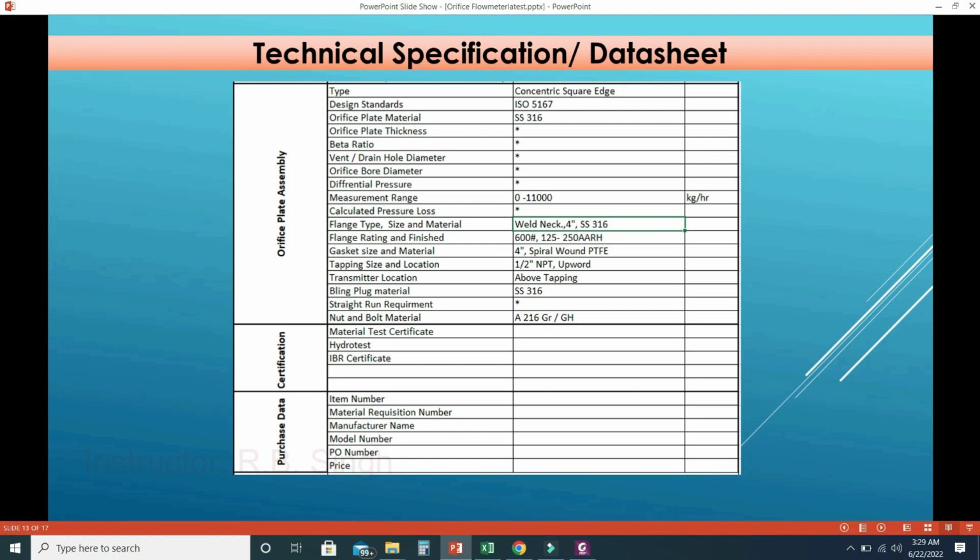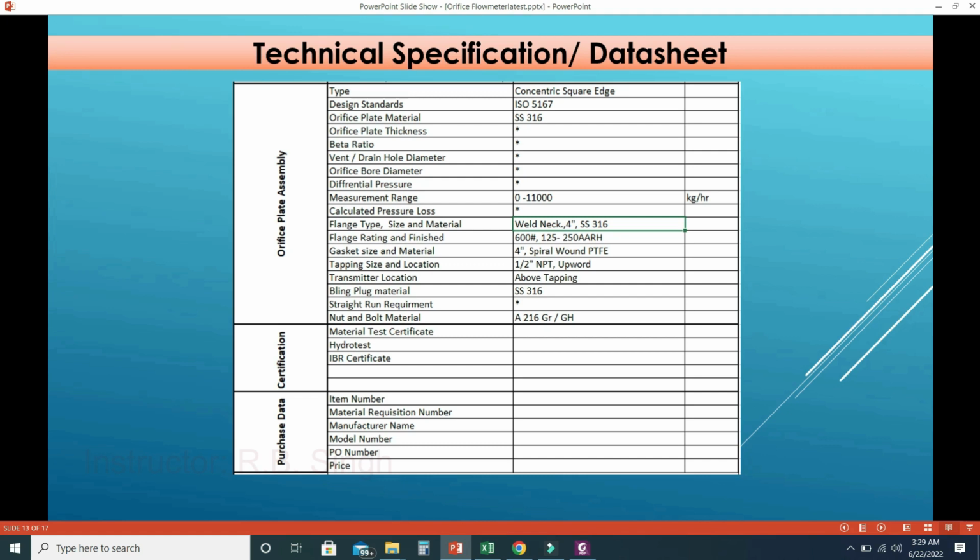All the applicable tappings we can use, and for the other spare tappings we have to provide a stainless steel blind plug to cover them. And the transmitter's location will be either above the tapping or below the tapping, because if you are using gaseous applications, then the transmitter's location will be above the tapping, and in liquid applications, the transmitter's location will be below the tapping.